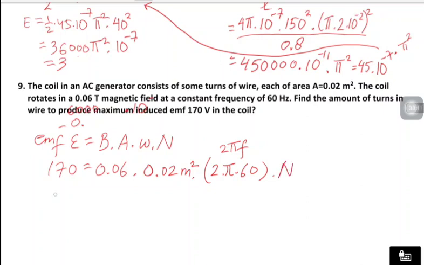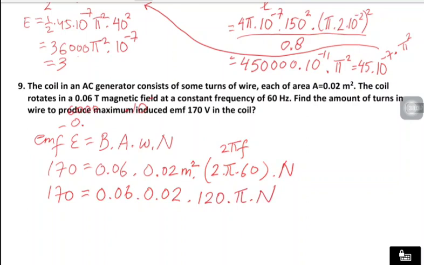Okay, we calculate this. 170 equals 0.06 times 0.02 times 120 times pi times N.